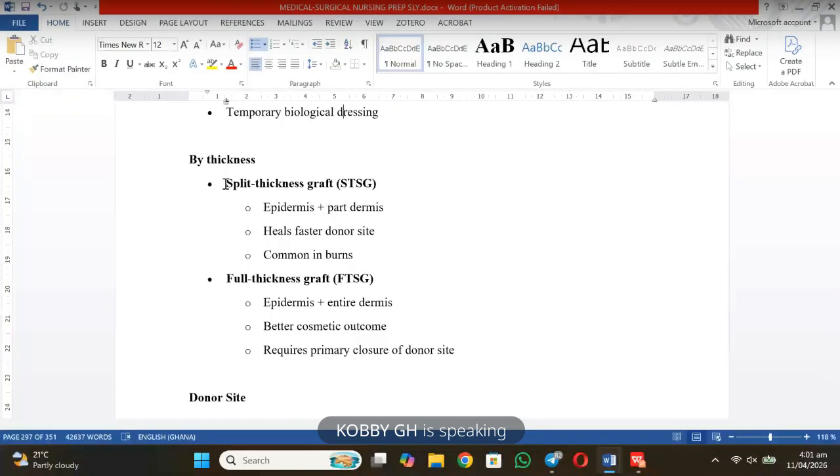So when you hear split thickness graft, they've just picked the epidermis and part of the dermis. When you hear full thickness graft, they've picked the epidermis and the entire dermis. That is what we call the full thickness graft. Okay. All right. That is fine.